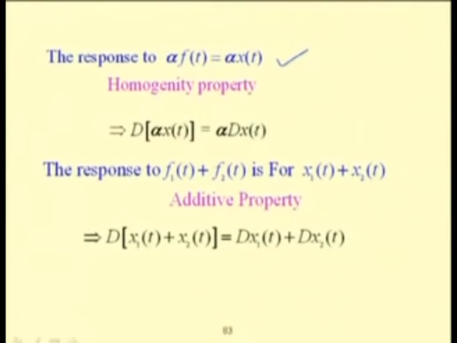Similarly, for the additive property, when we apply the forces F1(t) plus F2(t) simultaneously, the response would be x1(t) plus x2(t). Using this operator, replacing x(t) by x1(t) plus x2(t), D of x1(t) plus x2(t) should be D x1(t) plus D x2(t). If these rules are satisfied, the system is said to be linear, and if these properties are not satisfied, then the system is a nonlinear system.